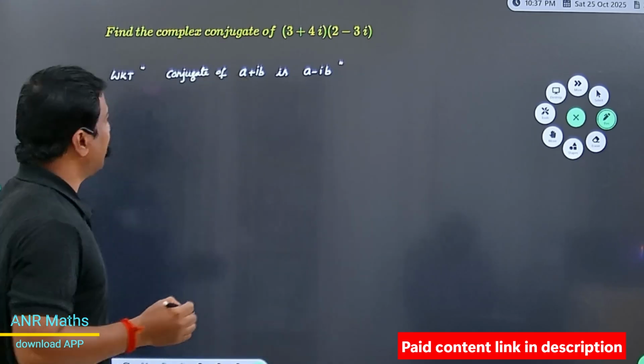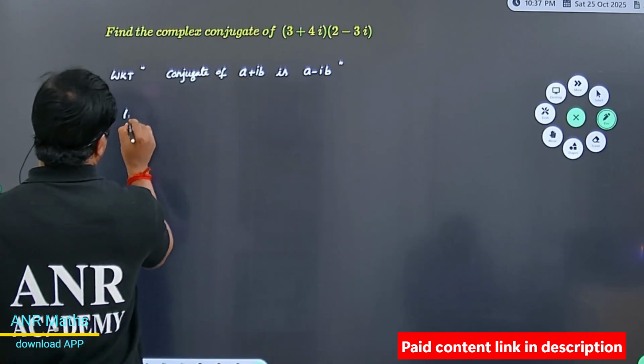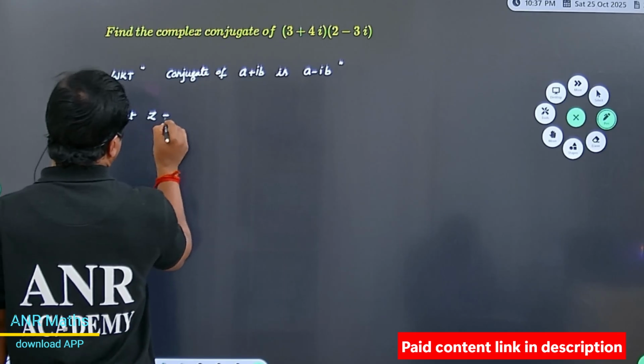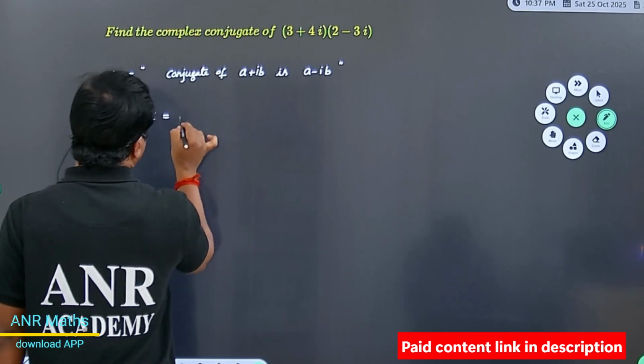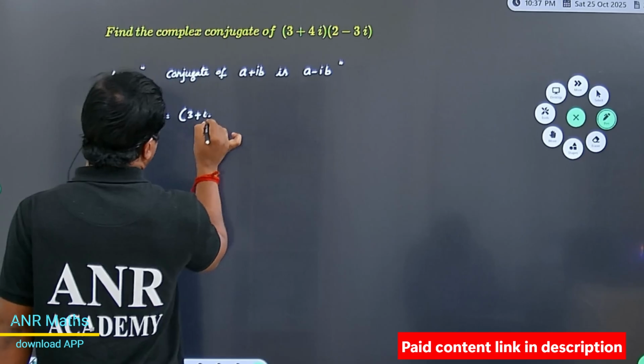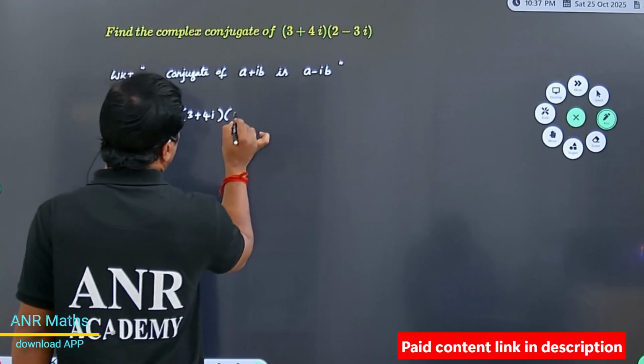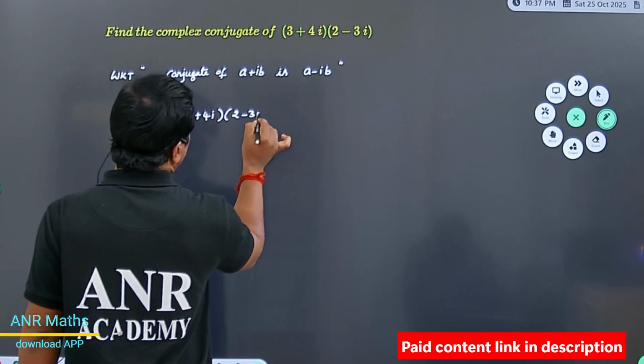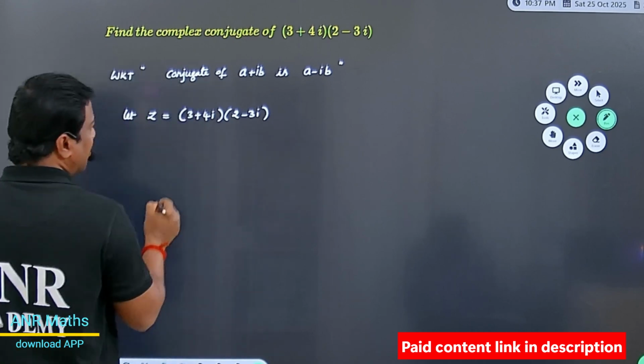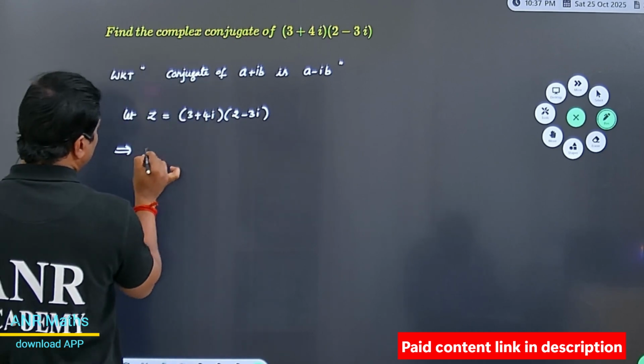So here let us suppose the given complex number as z equal to 3 plus 4i multiplied by 2 minus 3i. Now from this I can write the conjugate of z.